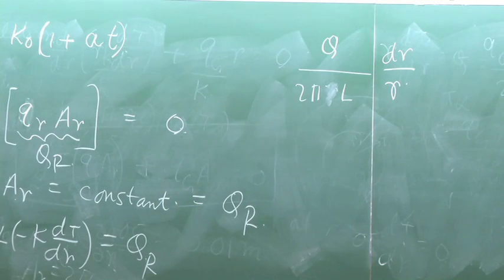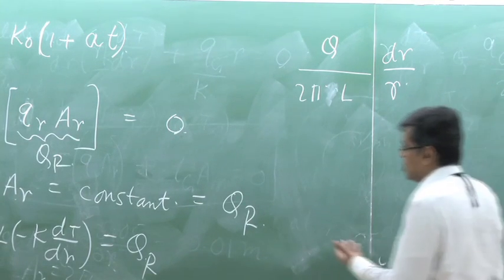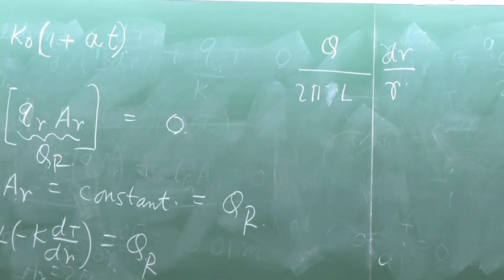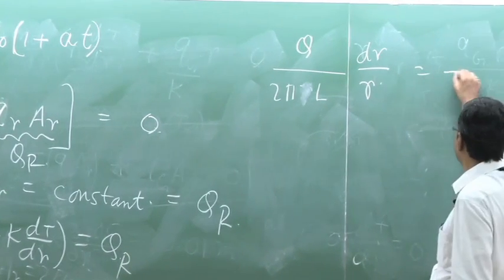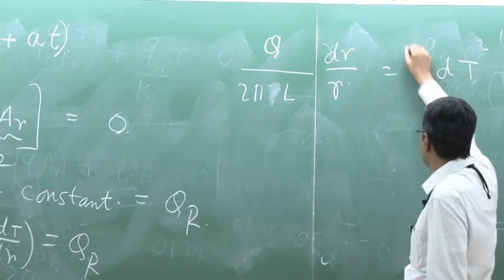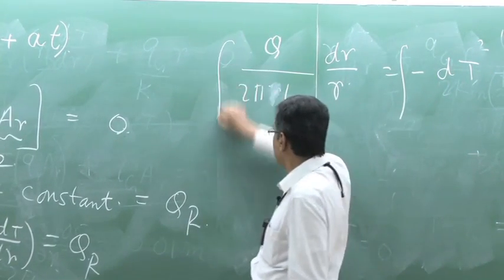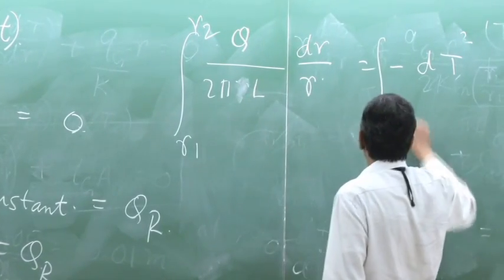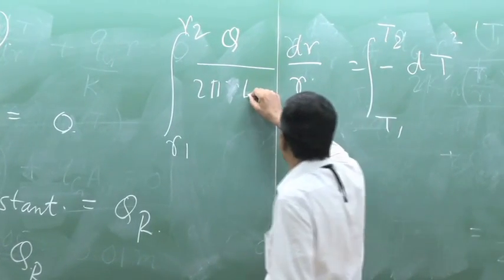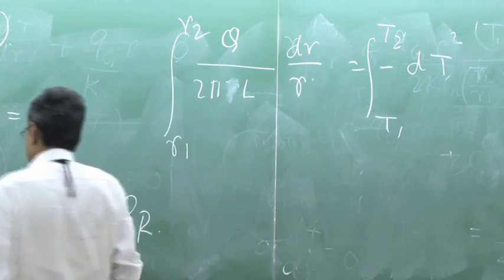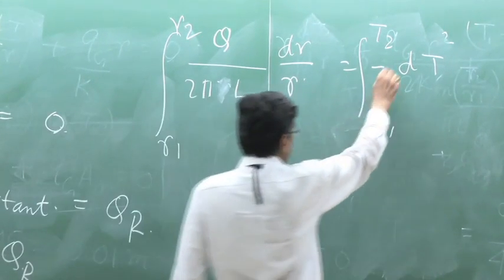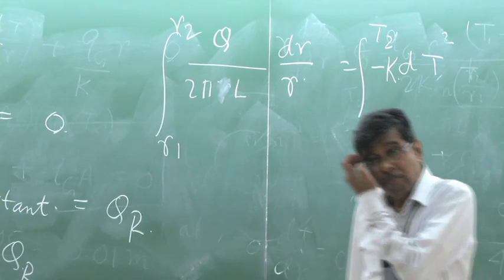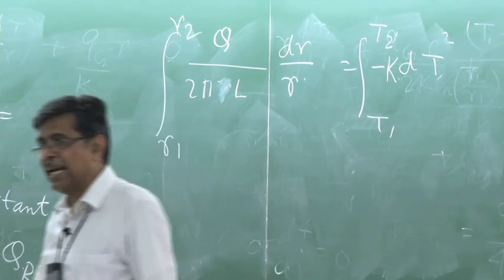I am writing Q_r as Q because this is constant, not dependent on r. Q by 2 pi L dr by r is minus K dT. Since Q is constant, I can integrate by taking minus K dT.